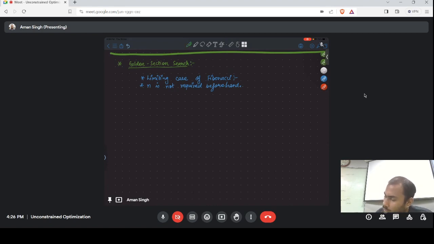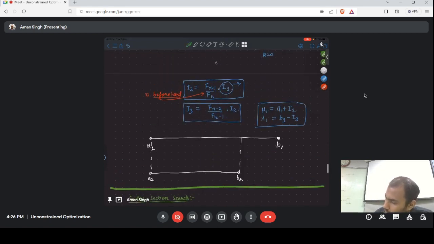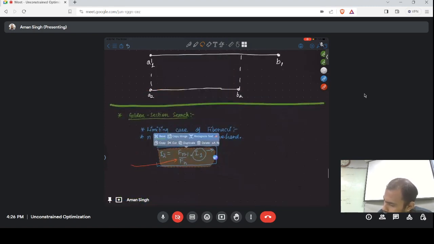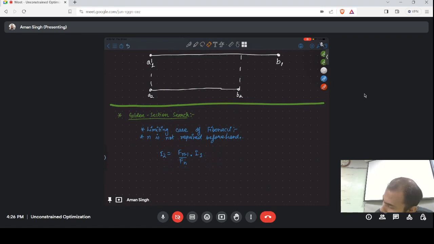So we previously looked at this relation, that is, let's copy it, for Fibonacci.